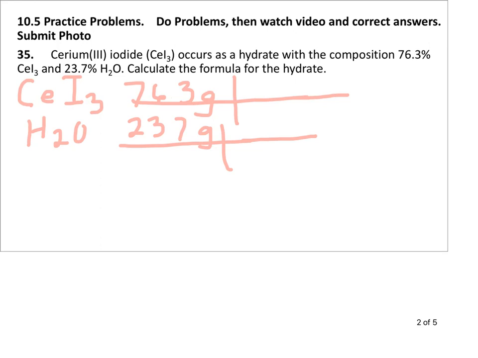And we've done a lot of calculating molar masses now, so by now it shouldn't be a problem. The cerium iodide's molar mass ends up being 520.82 grams in 1 mole. I'm not going to write in the compound names.